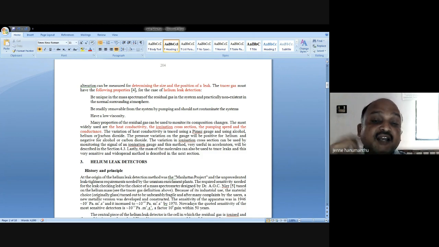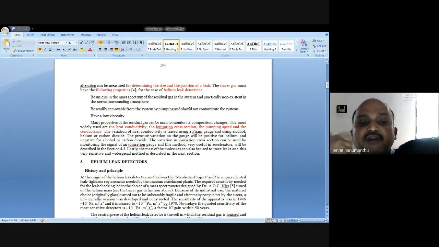I cannot say that each gas has all the properties. Different gases have different properties. So when a particular gas leaks, a particular parameter changes. Conductivity may change, conductance may change, ionization may change, pumping speed may change.